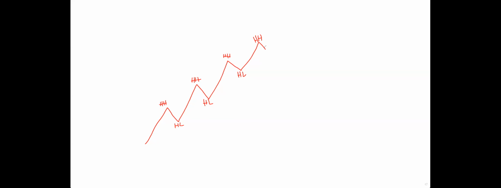If we have a trend that comes up and doesn't make a higher high than this high, this is an equal high right now. This high did not go higher than this high. What would this be? I know it's a double top, but it would just be a high, because it's an equal high.